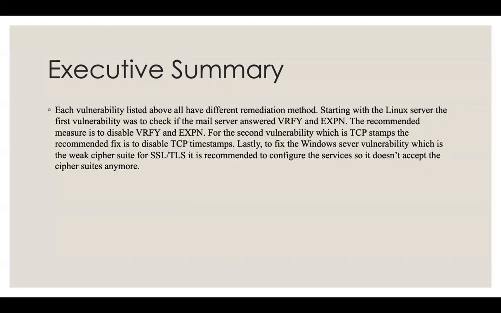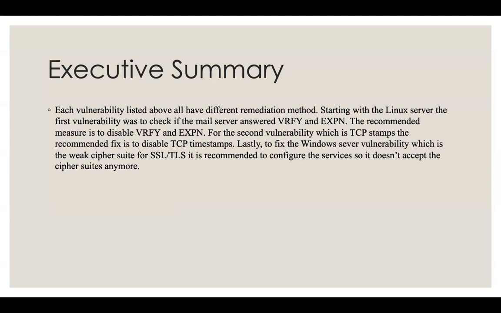So for each of these vulnerabilities, they all have different remediation methods. As we go through the slides, we will identify all of them and how to properly remediate them.